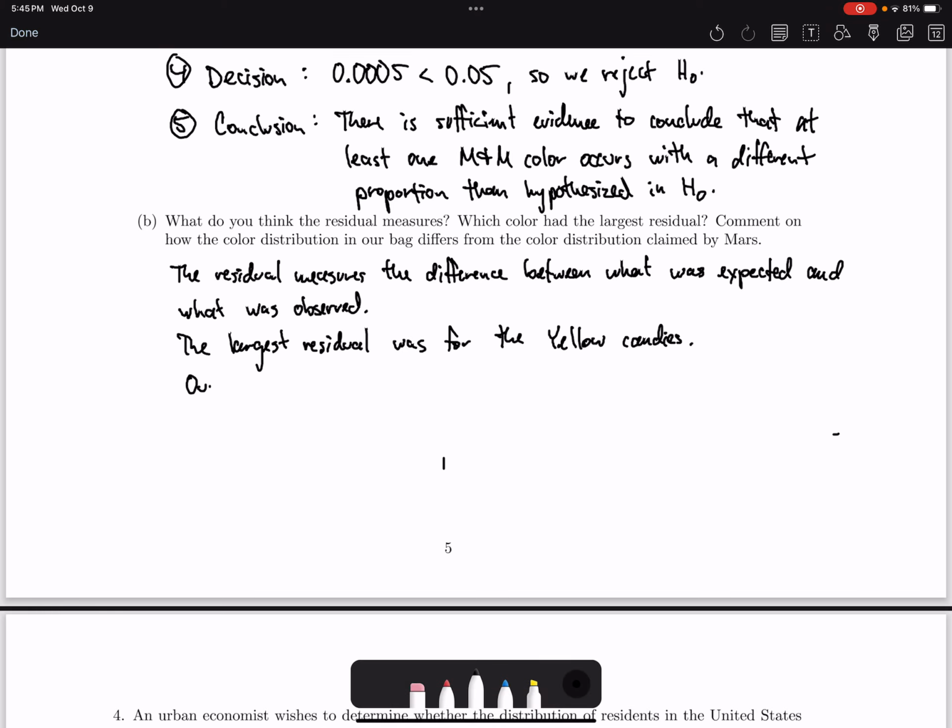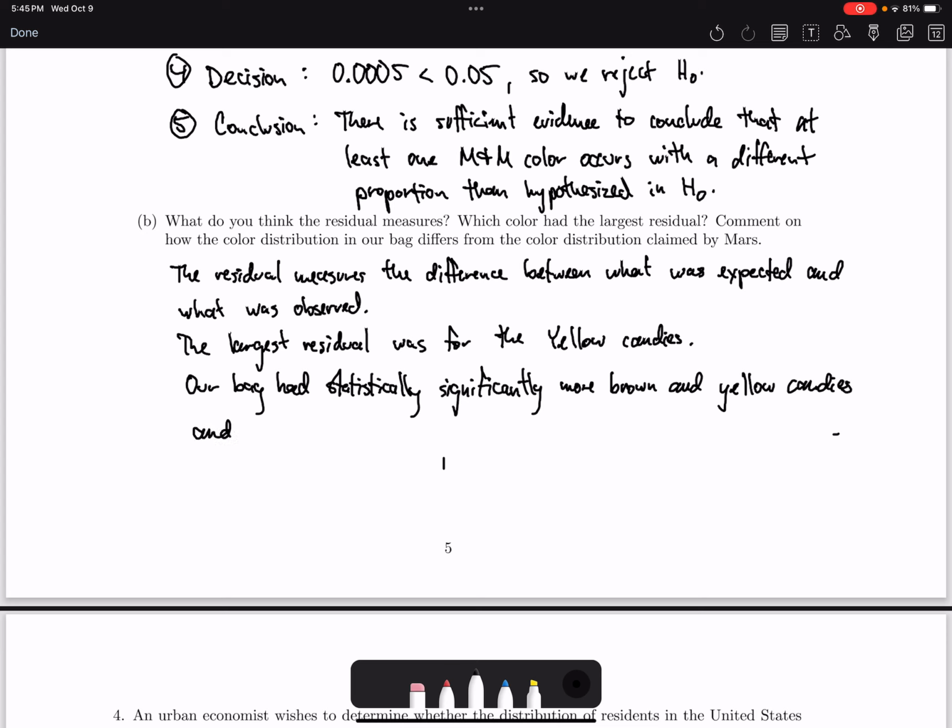Our bag had statistically significantly more brown and yellow candies and fewer of the other colors.